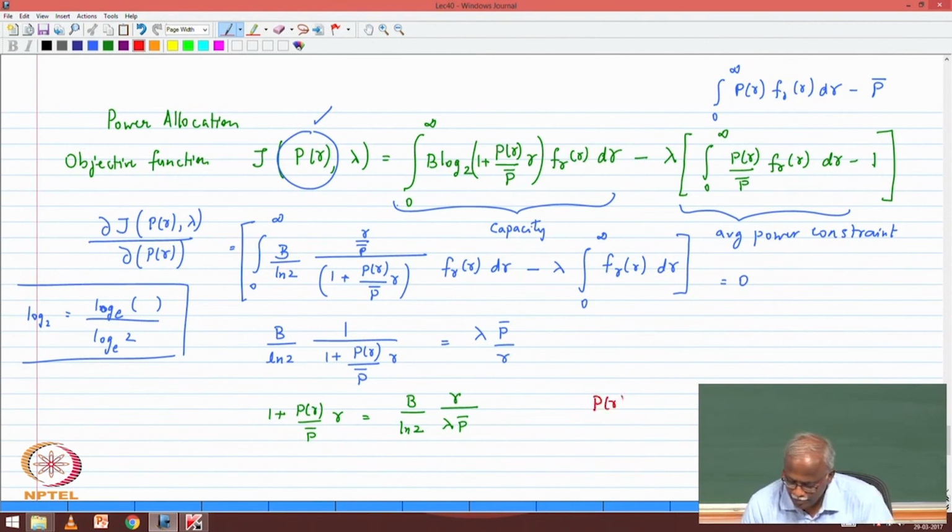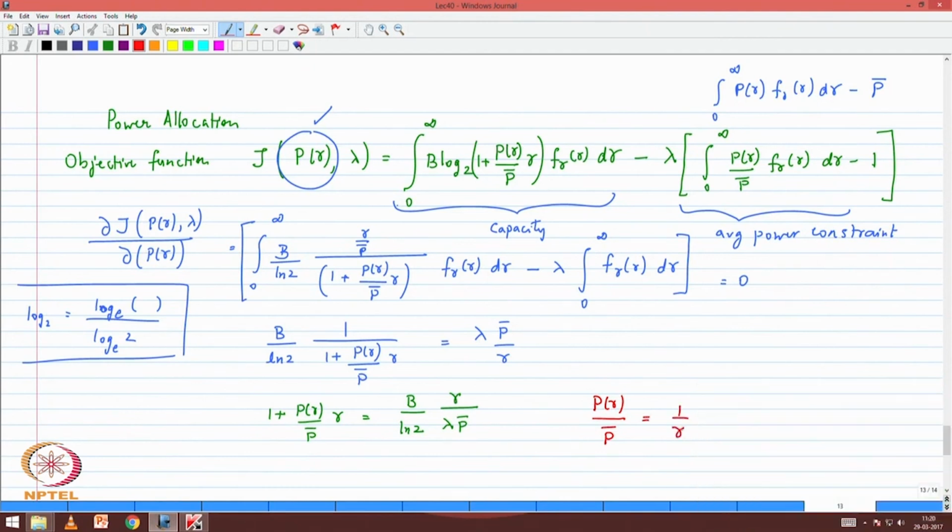P of gamma divided by P bar, which should give me the optimum solution, can be written as 1 by gamma naught minus 1 by gamma, where 1 by gamma naught is a constant given by B divided by lambda P bar ln 2.